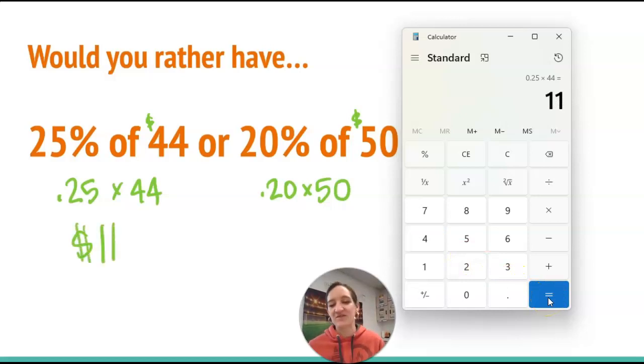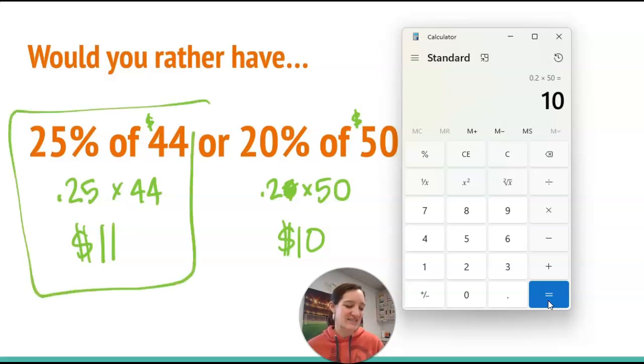So this person's willing to give you $11. This person is willing to give you, I just put it in as 0.2, right? We really don't need that zero right there, times 50, and that person's only willing to give us $10. So by putting that quickly into the calculator, you can see that 25% of 44 would be a higher amount.